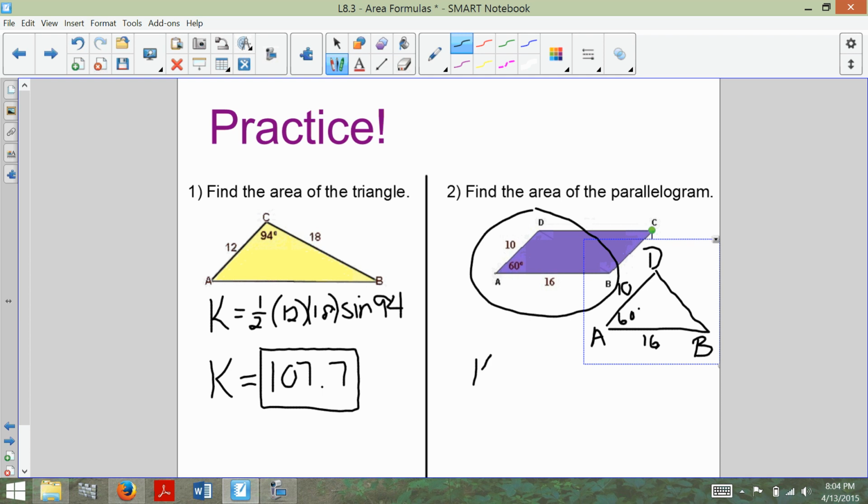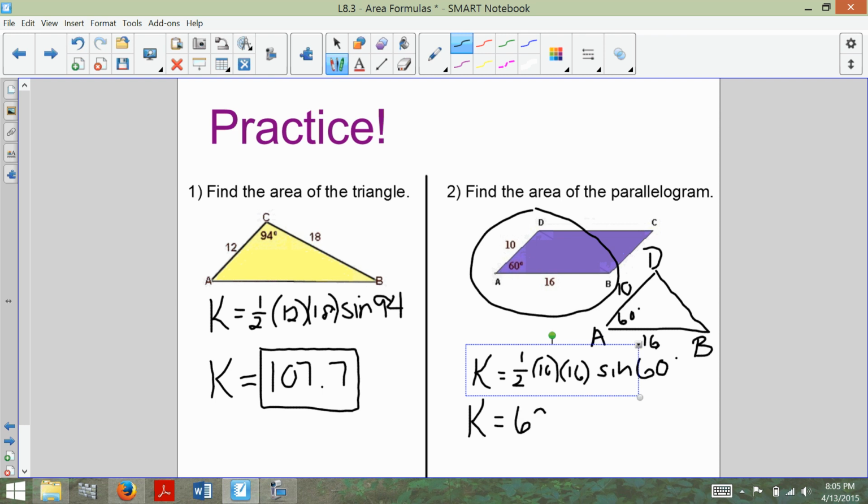The area of that triangle is 1/2 the measure of one side times the measure of another side times the sine of the angle in between them. And again, right into the calculator. So we're going to get about 69.3 square units. Now again, that's going to be the area of the triangle, not the whole parallelogram.